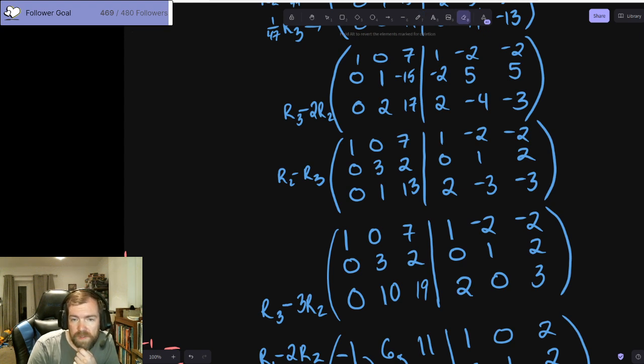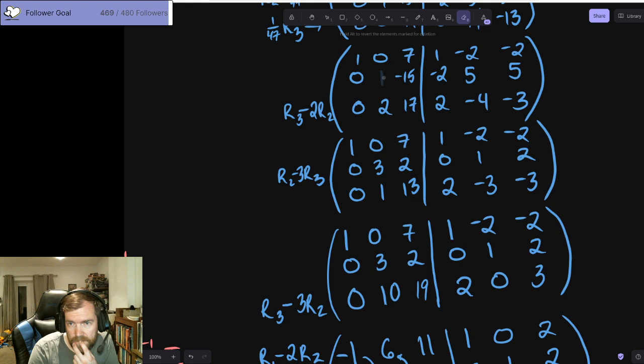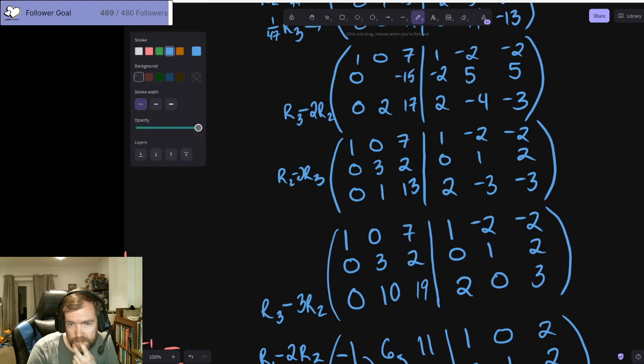Okay, so now row 2 minus row 3, that's not going to work anymore. So we can actually just do 3 row 3. Get rid of this thing entirely. No, we don't want that.